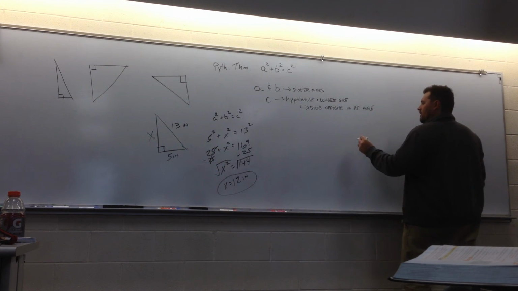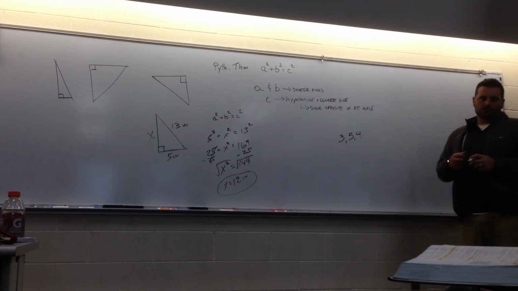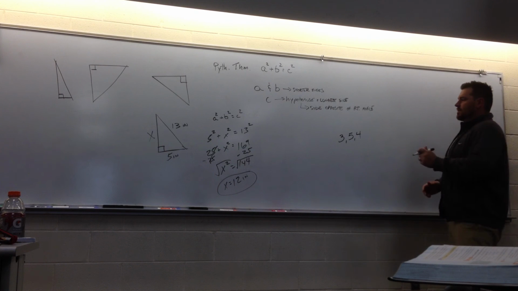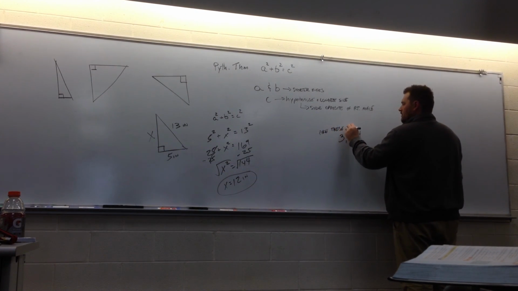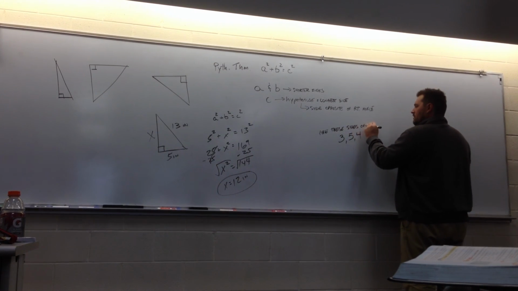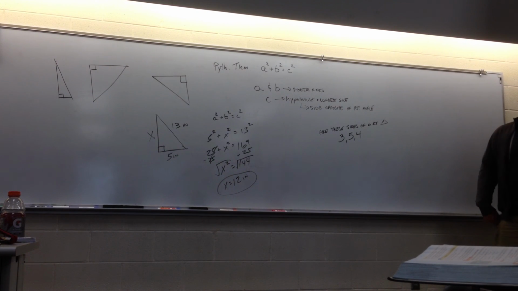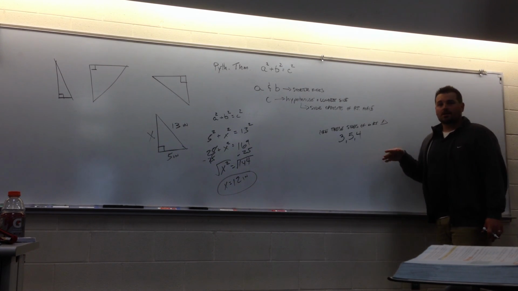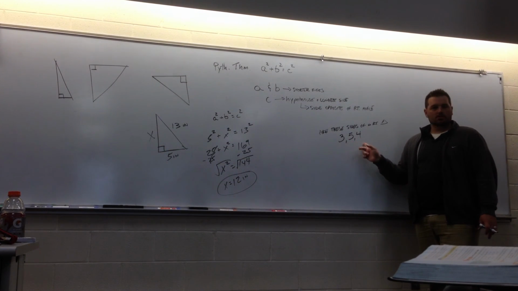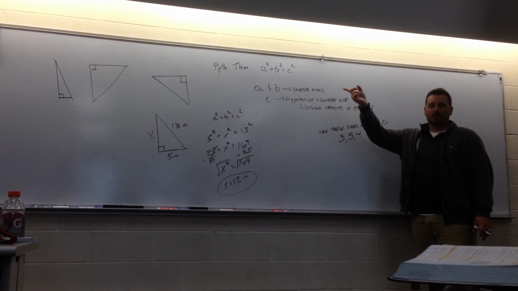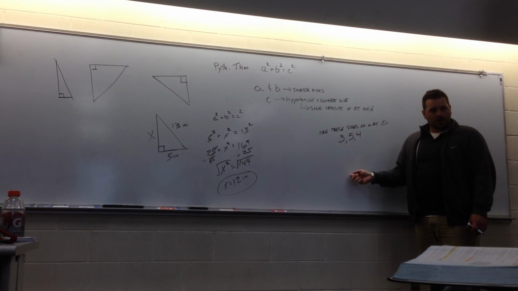For example, if I have the side lengths 3, 5, and 4, and I want to say, are these sides of a right triangle? Well, to figure this out, I can use the converse of the Pythagorean theorem. If I take these 3 side lengths and plug them into the appropriate spots, and it works out, then I know it is a right triangle.